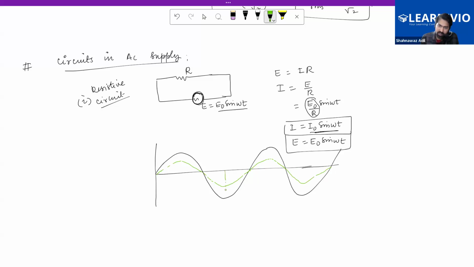Wherever the maxima is happening for one, the maxima is happening for the other too. So minima and maxima are in the same line. They are varying similarly, so they are in the same phase.